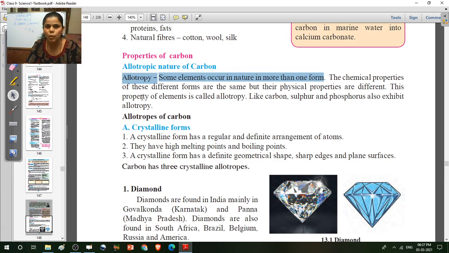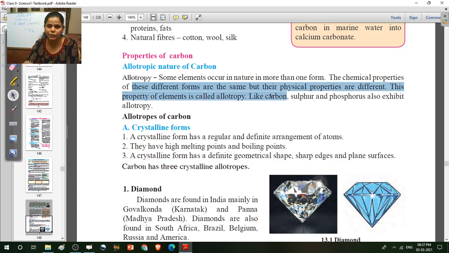The chemical properties of these different forms are the same, but the physical properties are different, meaning the color, melting point, boiling point, density, etc. This property of the element is called allotropy.